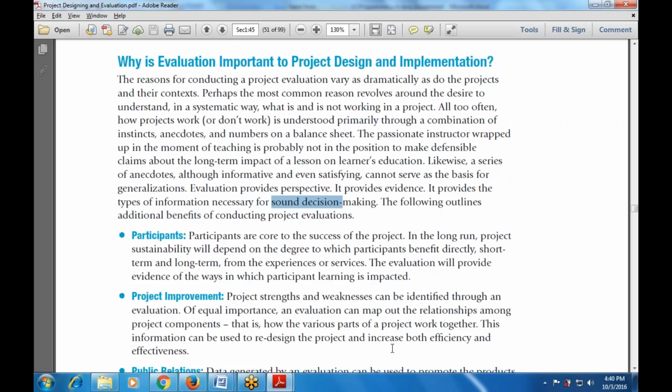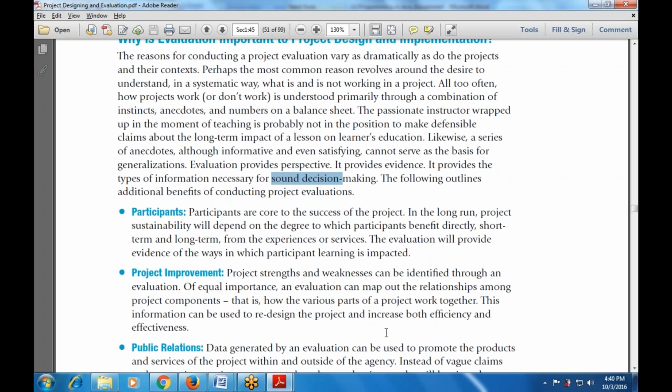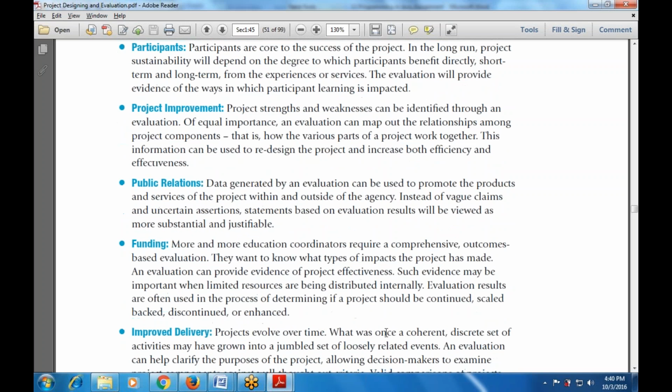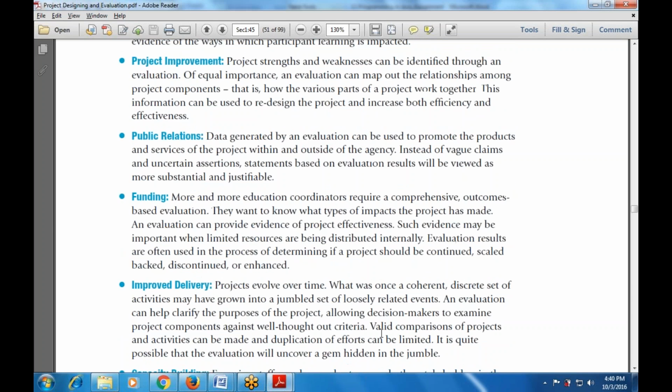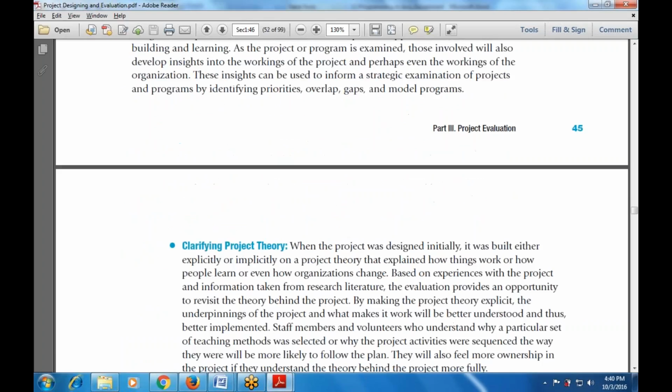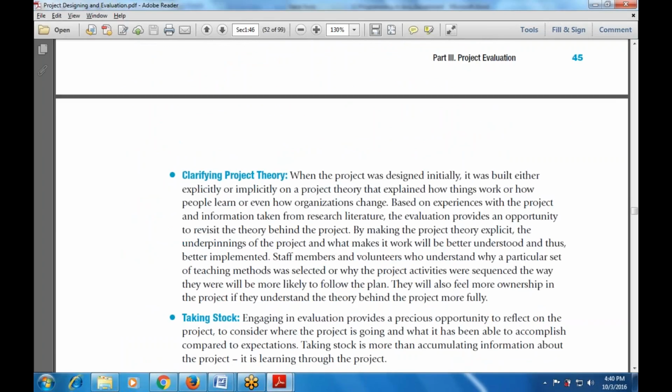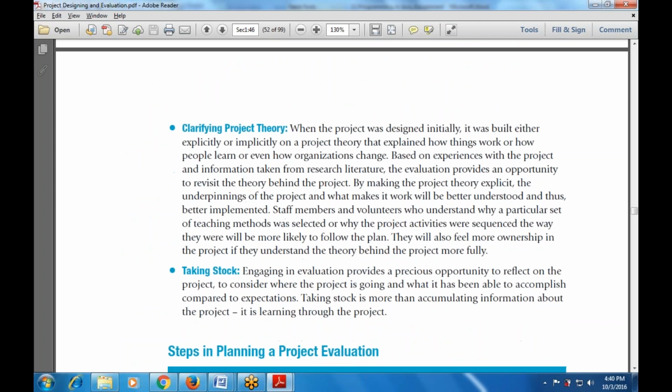That means the participants, project improvement, public relations, then funding, then improved delivery, capacity building, clarifying the project theory, taking stock.